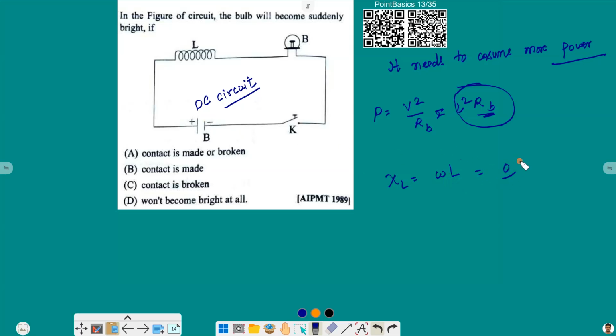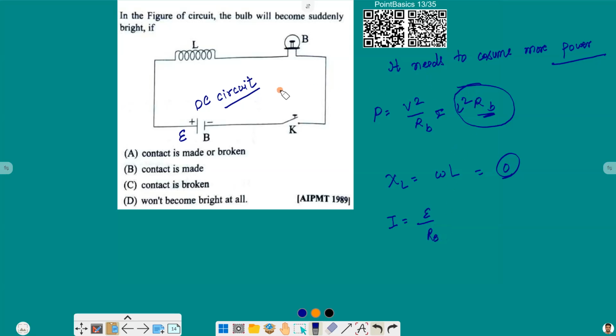So the resistance from the inductor is 0, or we can say the value of current in the circuit will be given by the battery, suppose E, divided by the resistance of the bulb, because the inductor will not offer any resistance in case of DC.